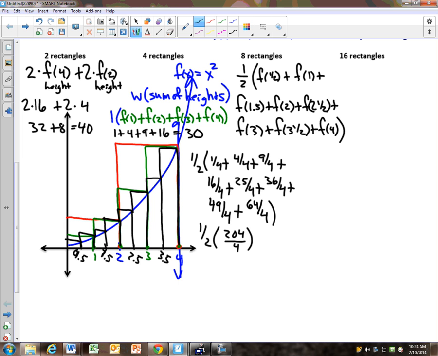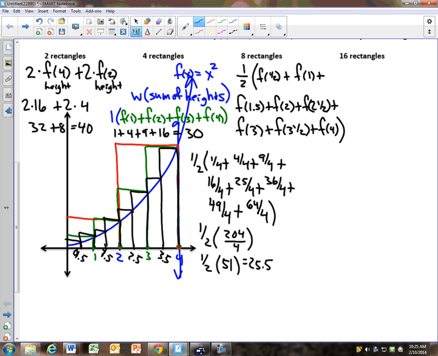Can you divide 204 by 4? 200 divided by 4 is 50. So 204 divided by 4 is 51. And 1/2 of 51 is 25.5. Are we getting closer? We sure are. You know what? The actual number is 21 1/3. So we're getting close.